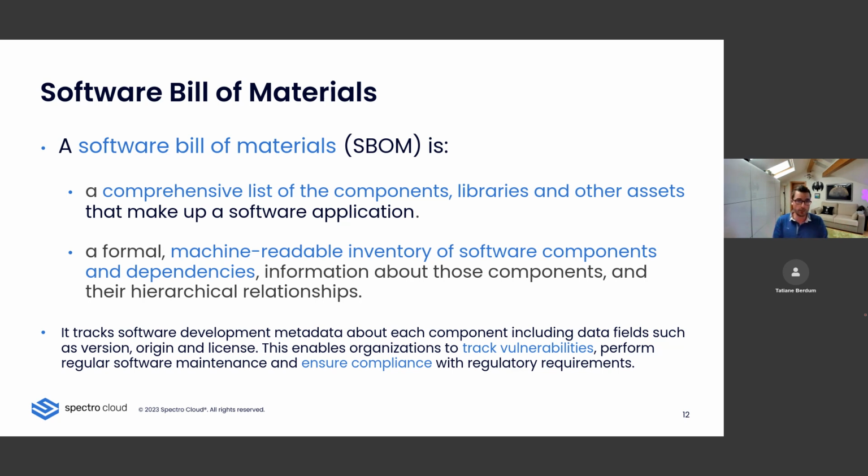So it ultimately helps to understand the dependencies and to manage the security and compliance risks in the software supply chain. It kind of serves like a recipe for software developers. It can enable them to really understand the application structure. Software bills of materials are important because applications contain many different components and dependencies from various sources, and it helps you to understand them.